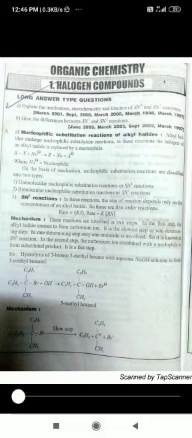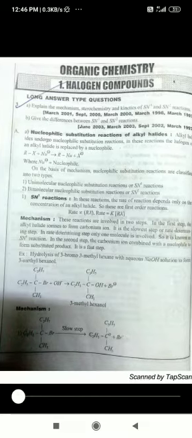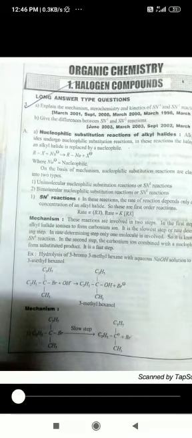In the first step, Br leaves as Br minus, and at the same time a carbonium ion is formed. That is the first step.